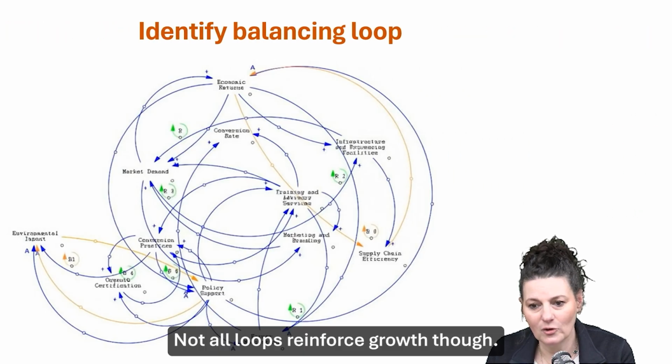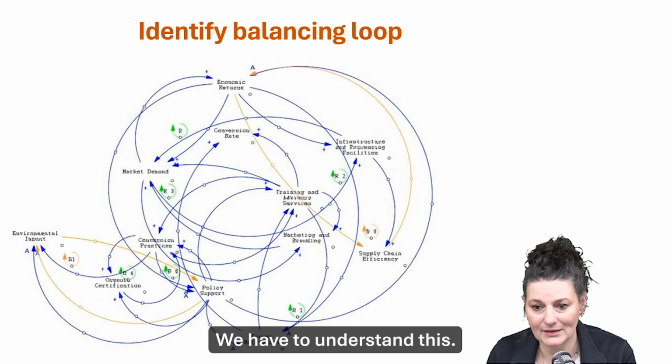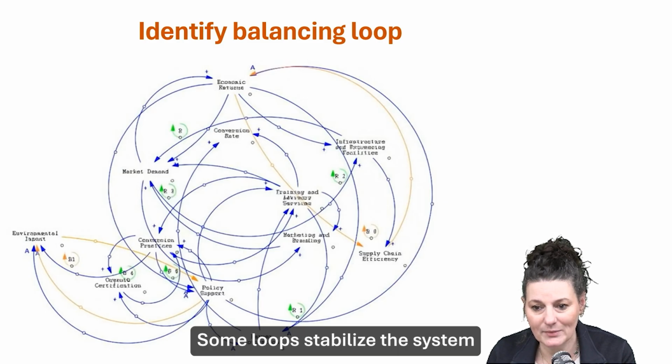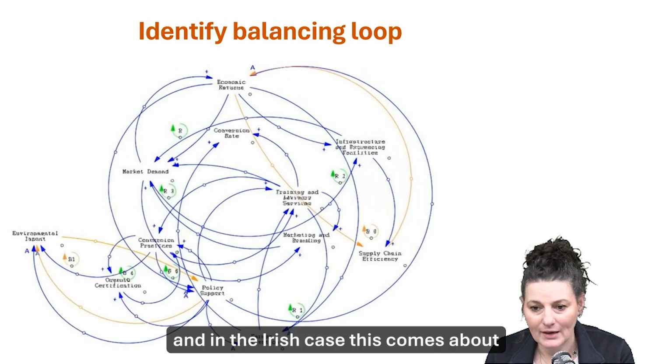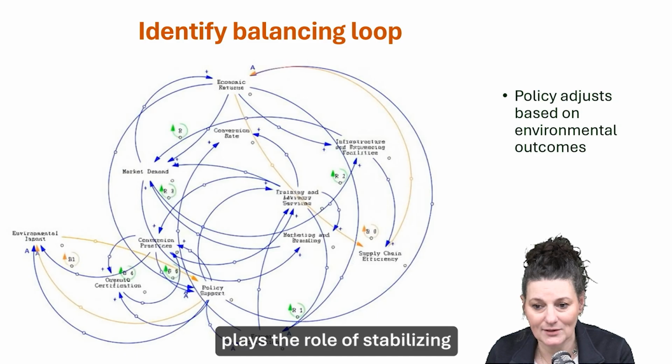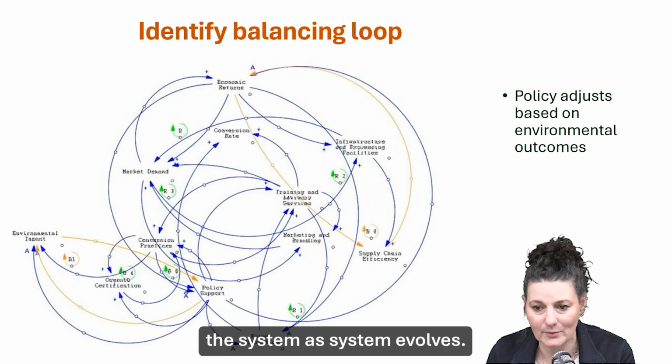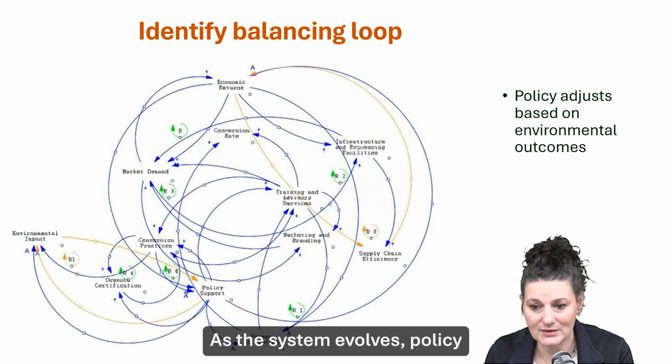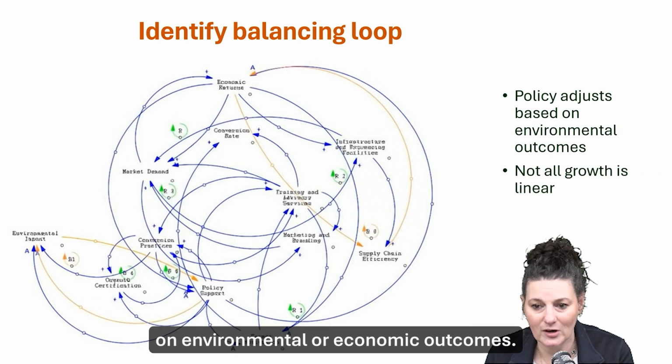Not all loops reinforce growth, though. We have to understand this. Some loops stabilize the system. And in the Irish case, this comes about with policy, where policy plays the role of stabilizing the system. As the system evolves, policy may adjust based, for example, on environmental or economic outcomes.